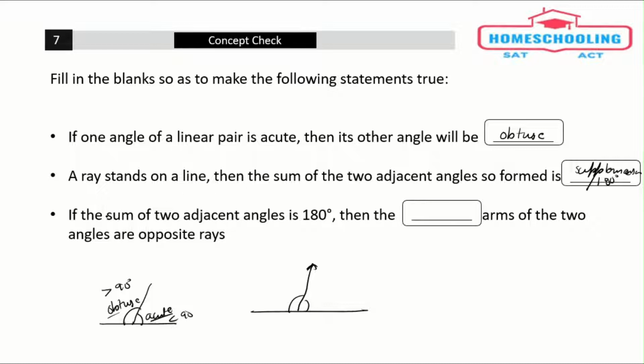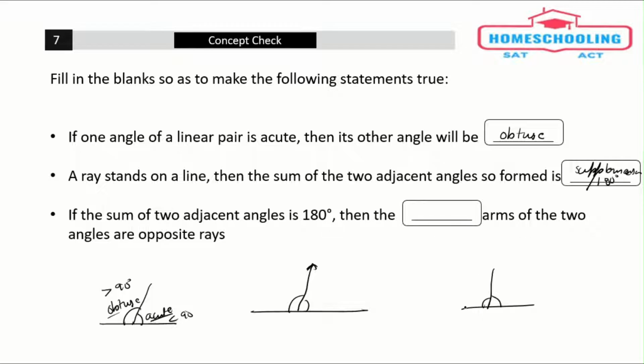Now moving to the next statement: if the sum of two adjacent angles is 180 degrees, then the arms of the two angles are in opposite direction.